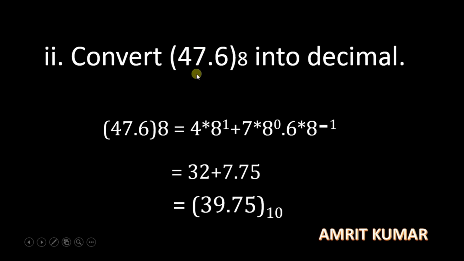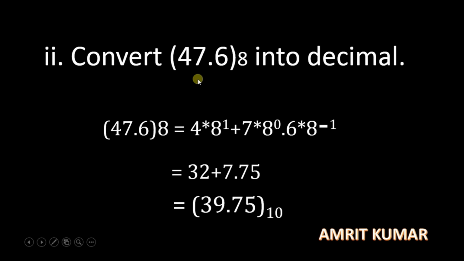Here 7 has position 0, or index 0, the next number has index 1, and the number after the point has index minus 1.